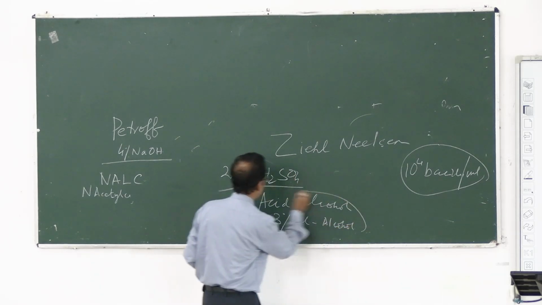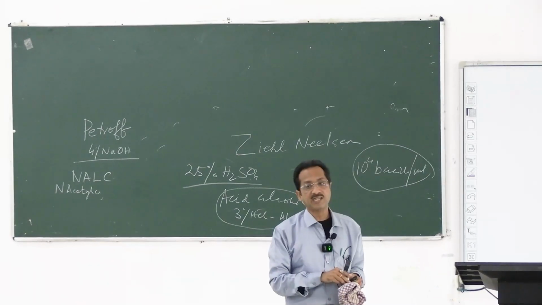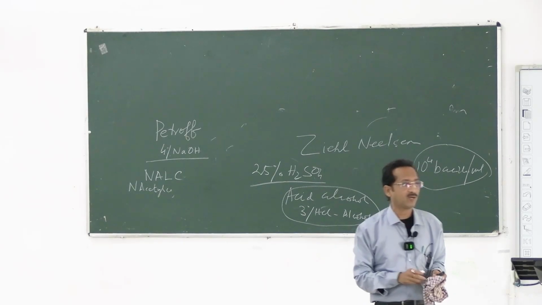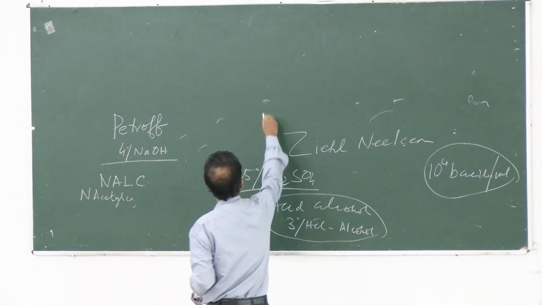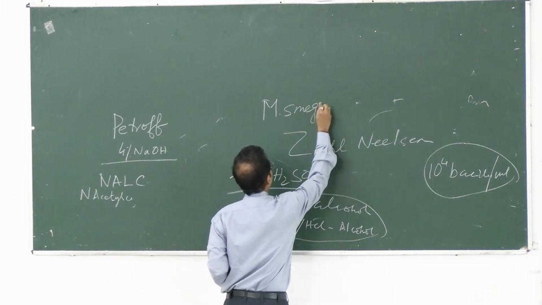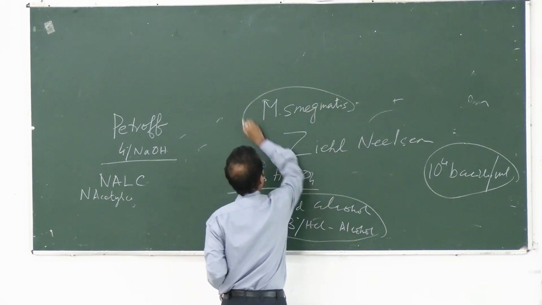So what is the utility of acid alcohol decolorization? It is useful in case of renal tuberculosis. In renal tuberculosis, there is a common cell called Mycobacterium smegmatis. So when you are searching for renal tuberculosis, this is a common cell.